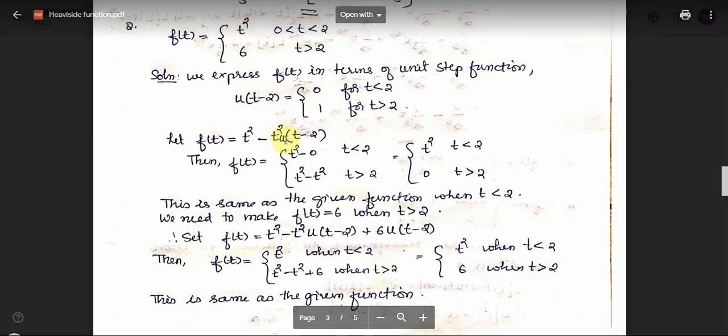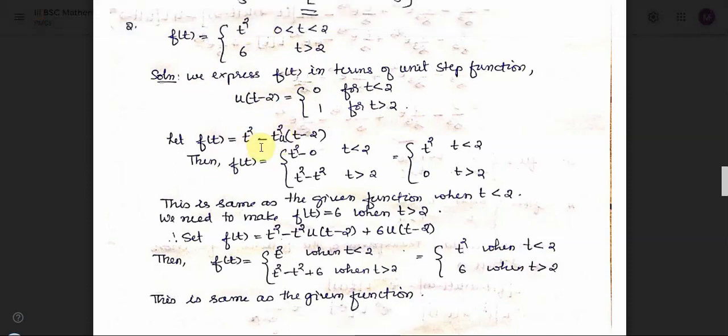This is the standard way of doing it. Therefore, t square minus t square into u of t minus 2. Then I will see what happens to my new function. F of t is equal to, when t is less than 2, the u part is 0, so it is t square minus 0. When t is greater than 2, this part is 1, therefore t square minus t square. So it is going to give me this function.